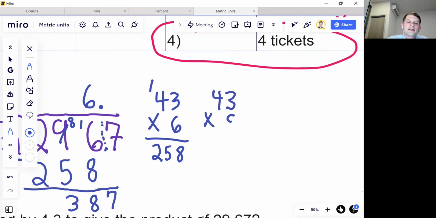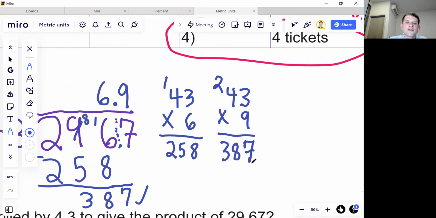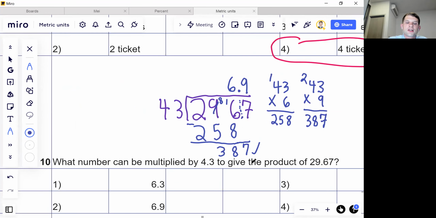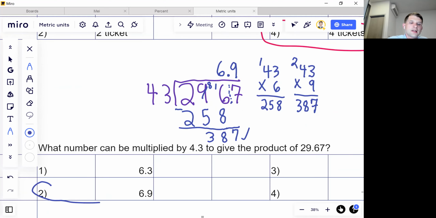Let's see. If it's 387, then we won't need to go any further. We could just stop there. So that works out. So we got 6 and 9/10 here for that one. So that's number 10. So we should select option number 2.